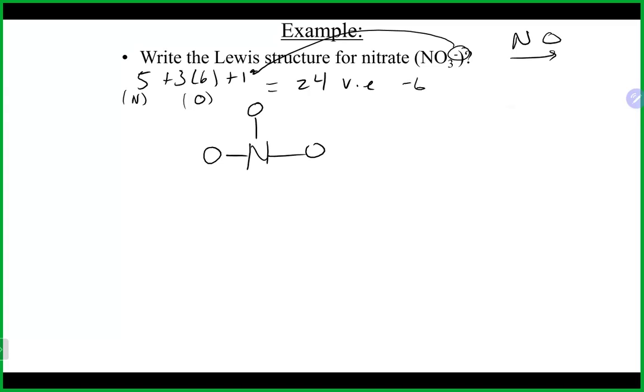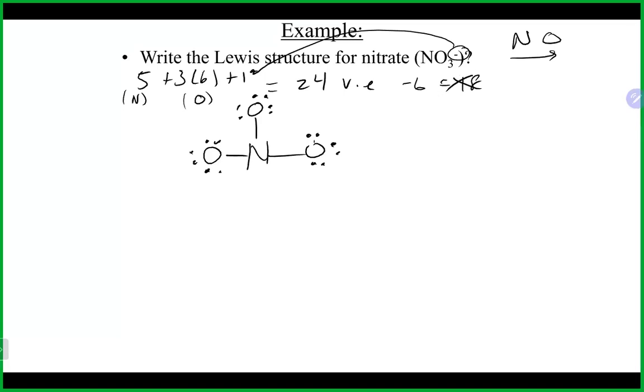If I take my 6 off of that, I have 18 more to go. They go on the outside as pairs: 2, 4, 6, 8, 10, 12, 14, 16, and 18. I have now used all 24 of my electrons.